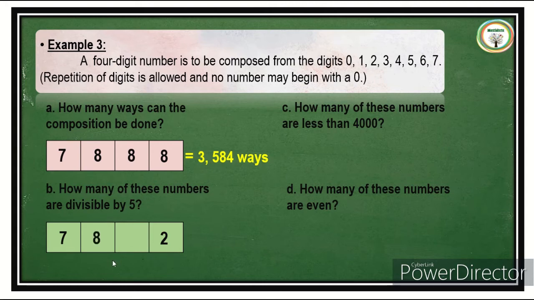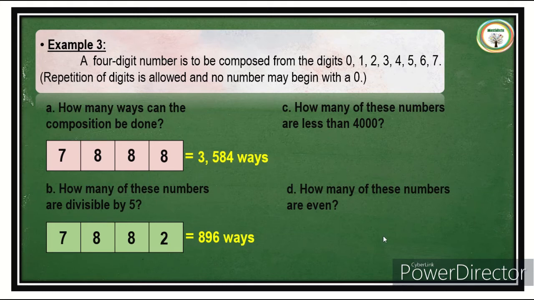So we have 8 options and 8 options also for the third digit. So let us multiply. 7 times 8 times 8 times 2 is equal to 896 ways of writing numbers that are divisible by 5 or writing a 4-digit numbers that are divisible by 5.